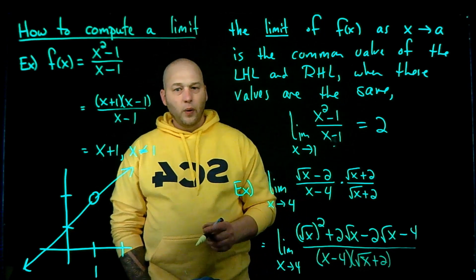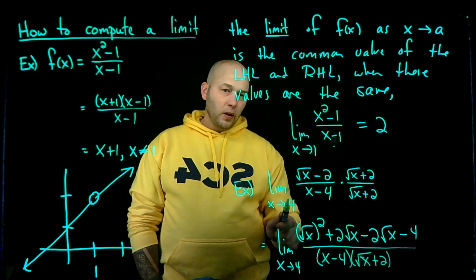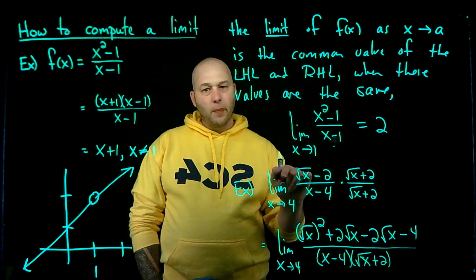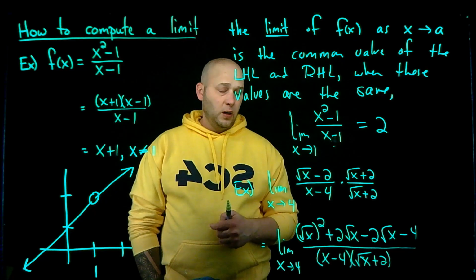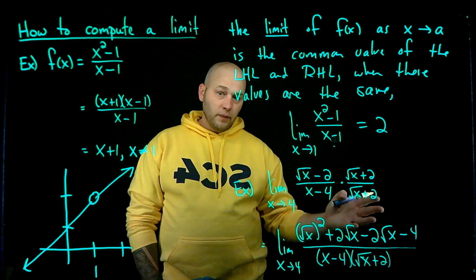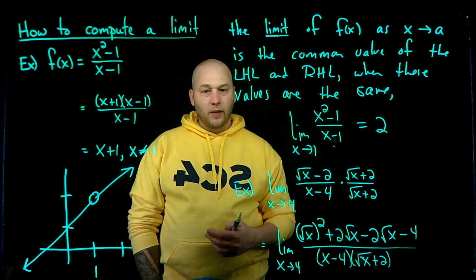Here's why I'm not going to FOIL the bottom. Spoiler alert: I can't plug in 4 because I'm dividing by x minus 4. Right? That's the problem part of this expression. I wish it was gone, right? I wish it wasn't there. So this manipulation, surprise, surprise, is going to eliminate that factor of x minus 4.